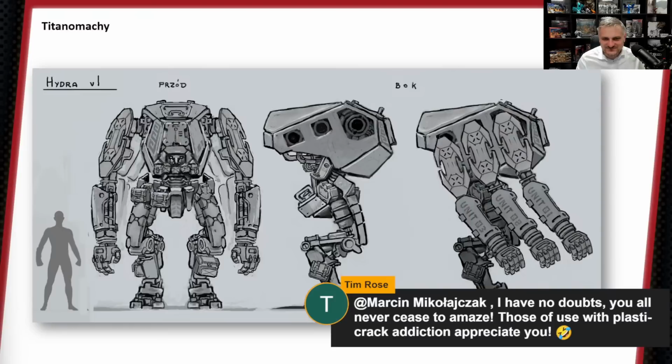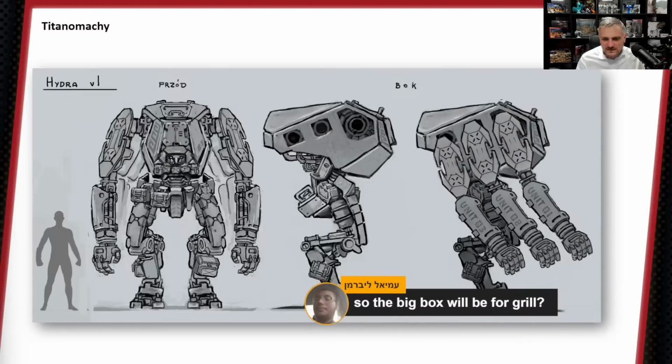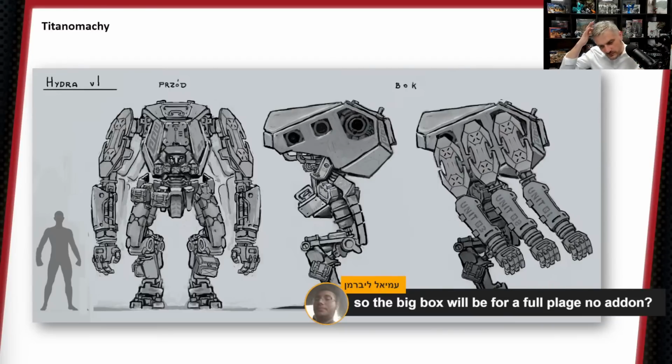That's correct. For grill, I'm not quite sure what you mean by grill. Okay, so yeah, it will be for the full pledge, which includes also add-ons, the only one add-on really which we have there. Yes, you're correct, everything is basically full pledge.